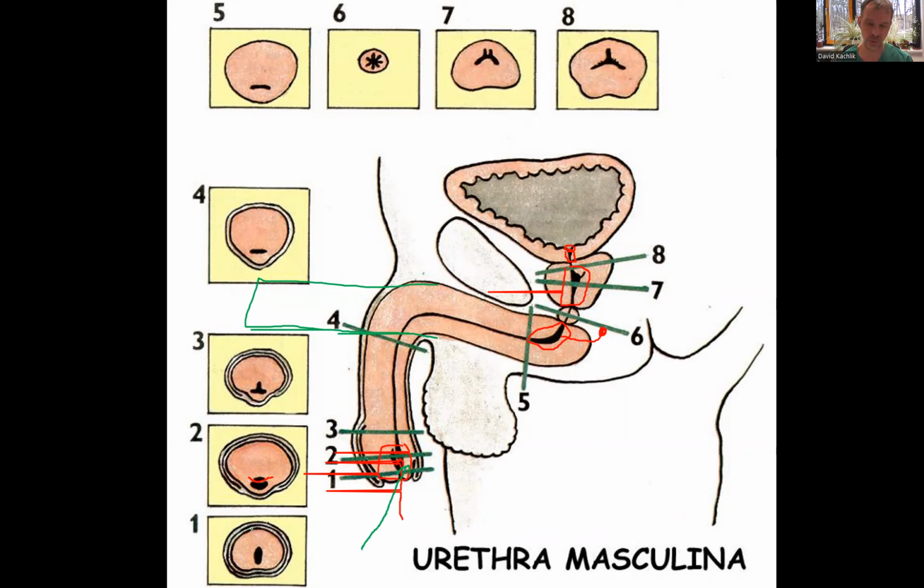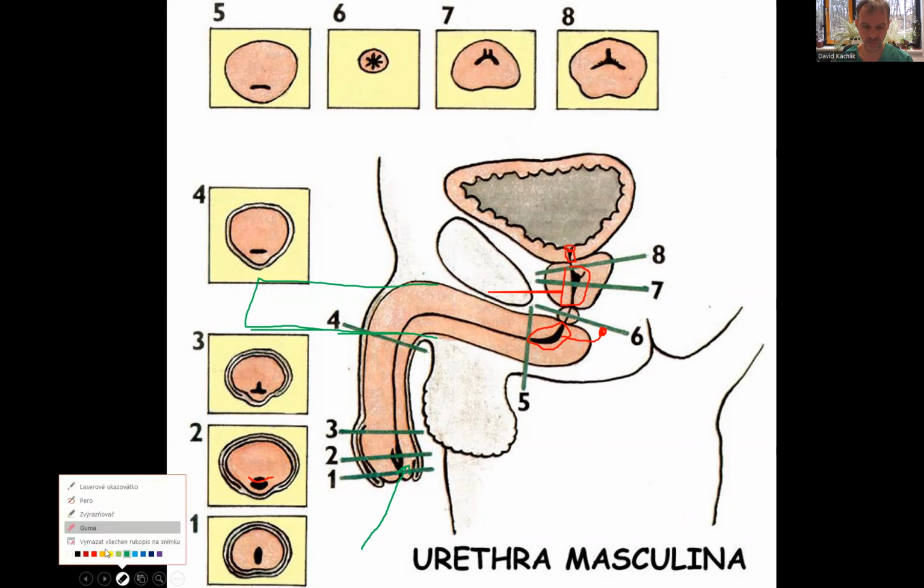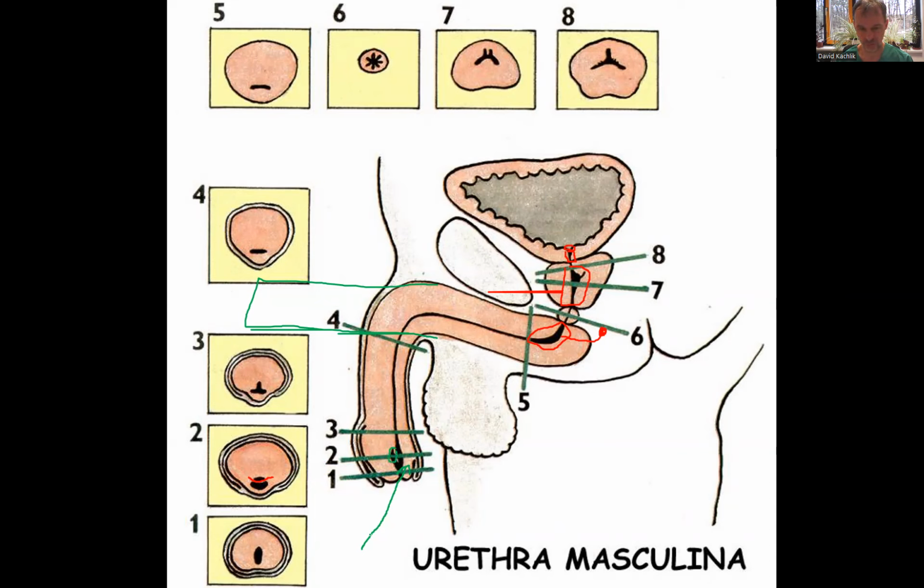Otherwise, you come into the navicular fossa, which you don't want, into this blind recess. So you go towards the body in a straight penis, this way. And then, of course, there's the second curvature, the subpubic one, and you have to get through 20 centimeters of catheterization.